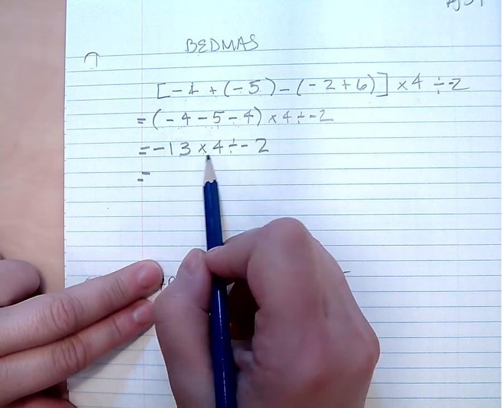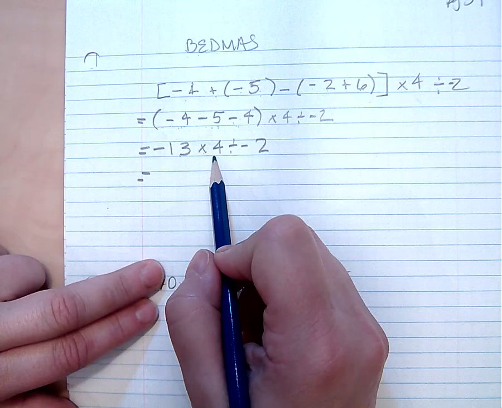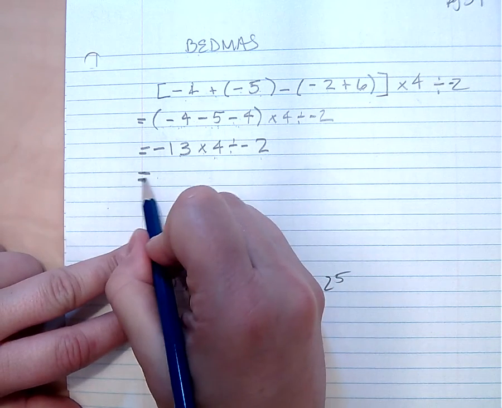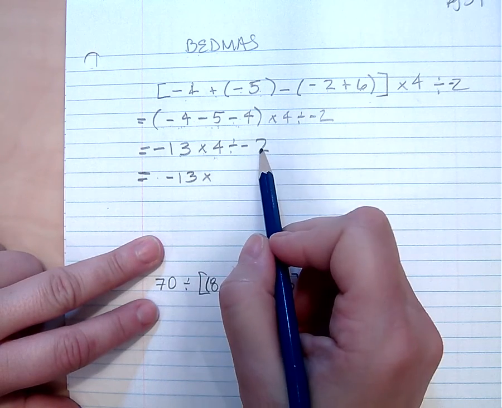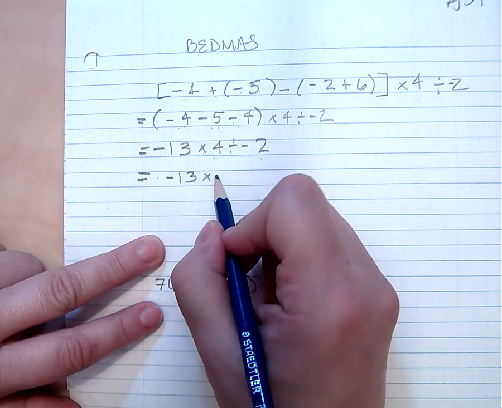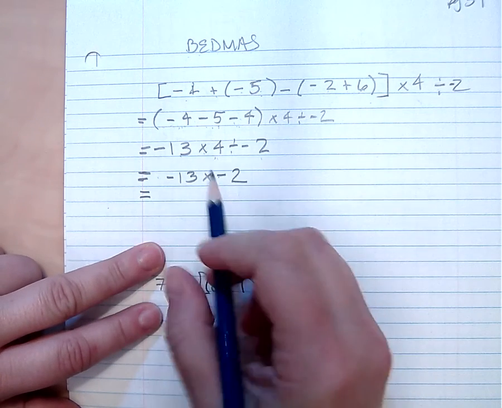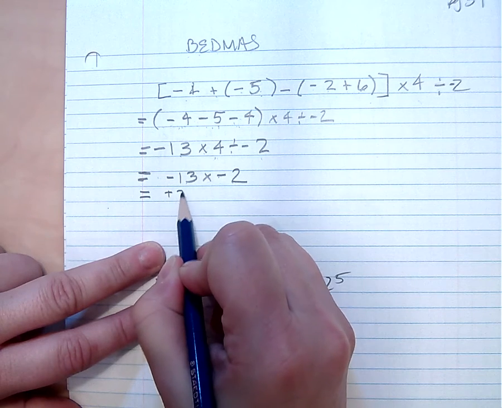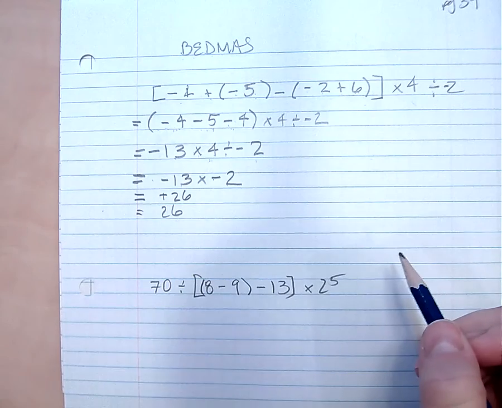So 13 times 4 is nowhere near as easy to do in your head as 4 divided by 2, so I'm going to do that first. -13 times, and 4 divided by -2 is -2. And now I'm going to do -13 times -2 is positive 26. And of course I don't keep it positive 26, I just write 26.